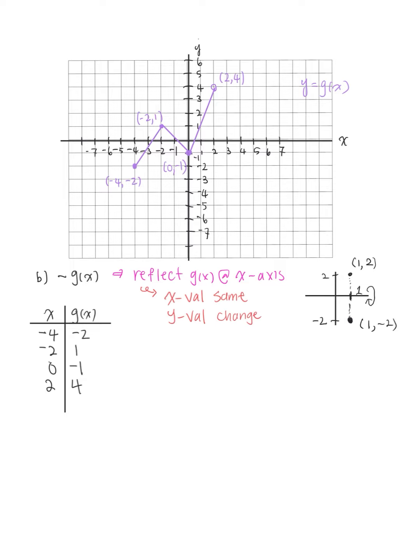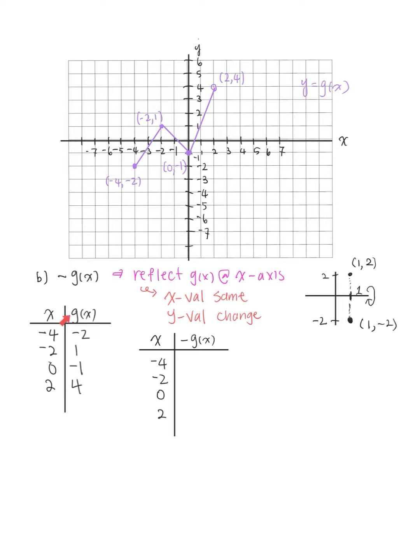Okay, so now let's write down the new chart. So here x values are going to stay the same as the original one. So let's just write that. Here's negative 4, negative 2, 0, and 2. Now, the right-hand side column is the negative g of x. So we don't really need to do much work because here are the values of g of x.